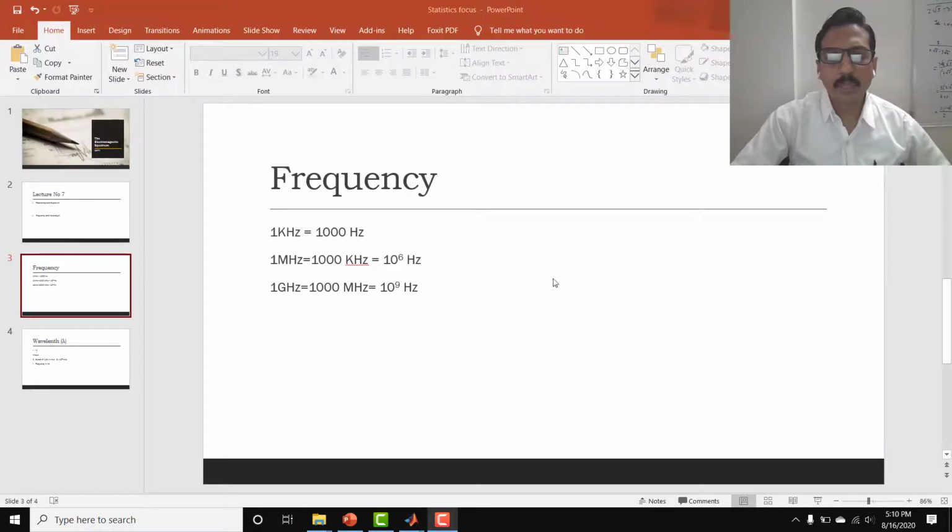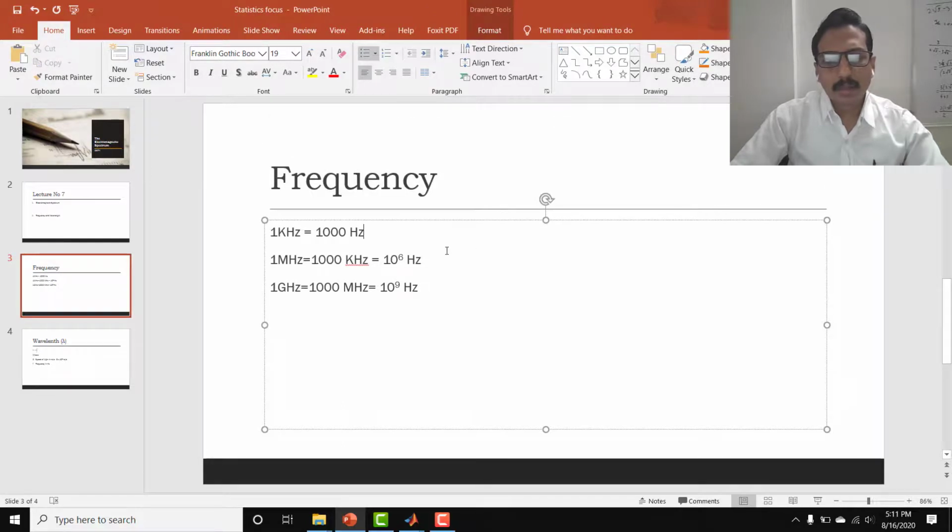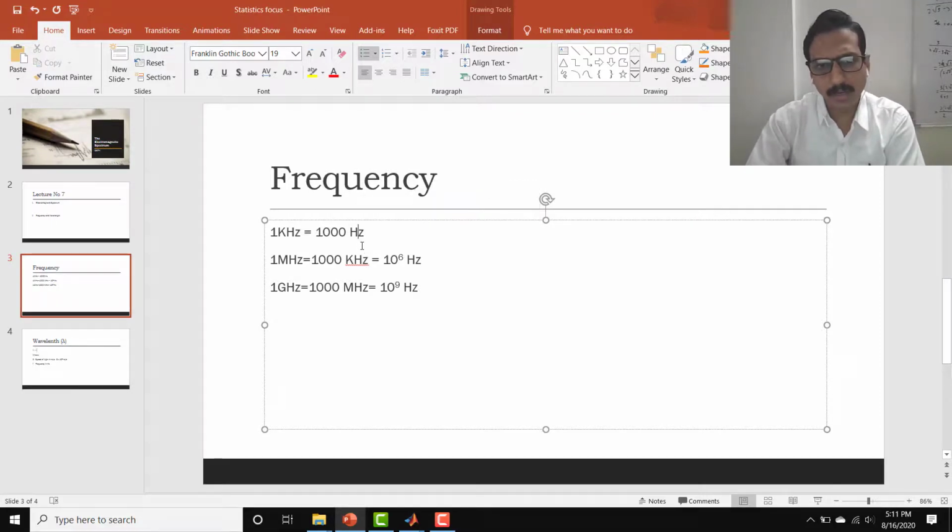Now we will see the basic unit of frequency and wavelength. Frequency is represented by hertz only, capital H and small z. Hertz is the name of the scientist who invented the concept of frequency especially. 1 kilo means 1000, and hertz is a unit of frequency.